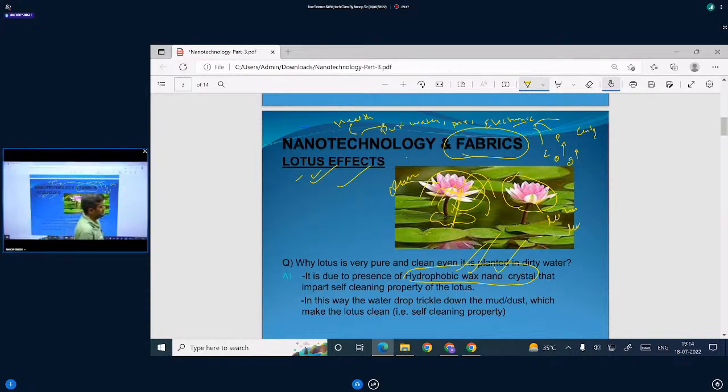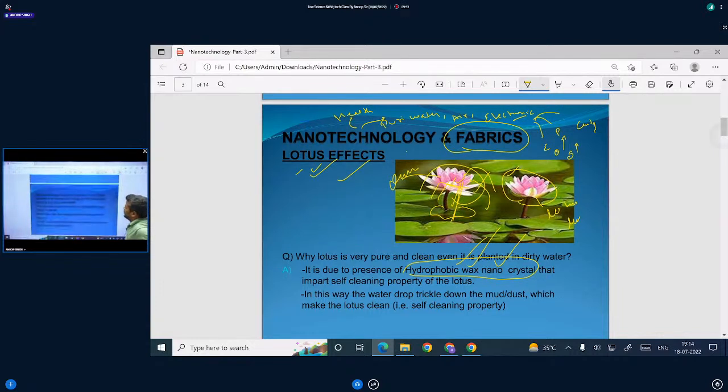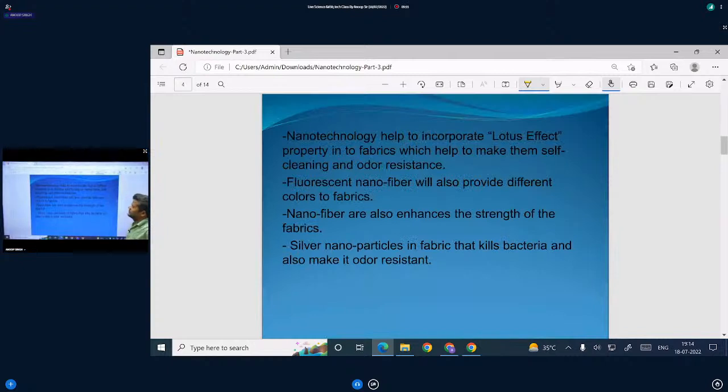Now the same principle is implemented in fabric also. With the help of nanotechnology, the fabric made up of nanotechnology has this cleaning property.